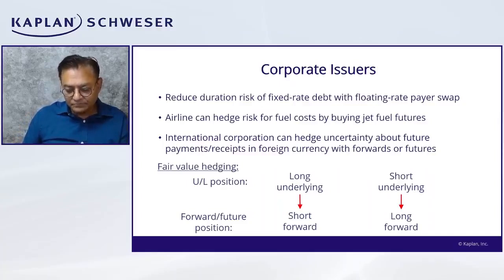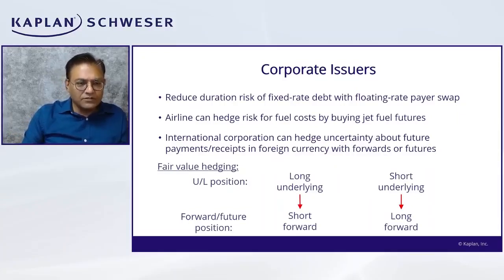So if a corporate issuer has currently issued debentures, bonds carrying a fixed coupon, and they are concerned that if the rates decrease, they will not be able to take advantage of the lower financing cost.